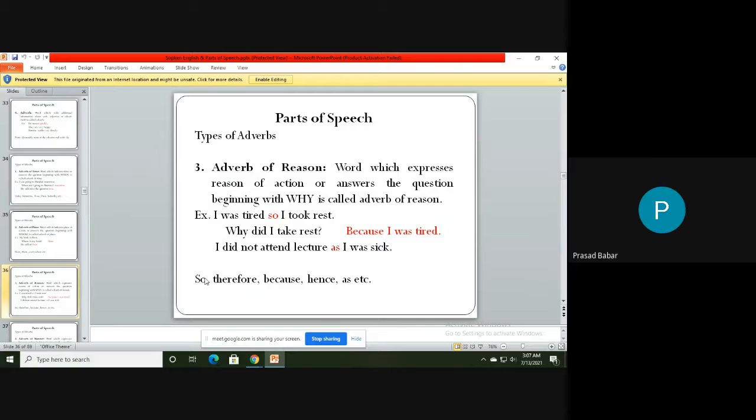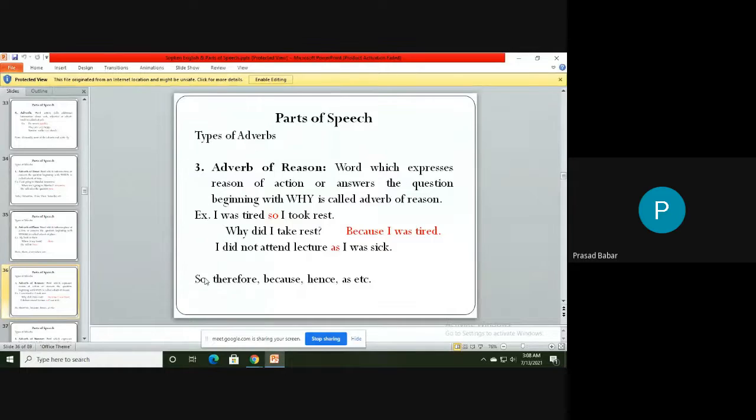So the third type is adverb of reason. In this type, the word which expresses a reason for an action, or answers the question beginning with why, is called an adverb of reason.